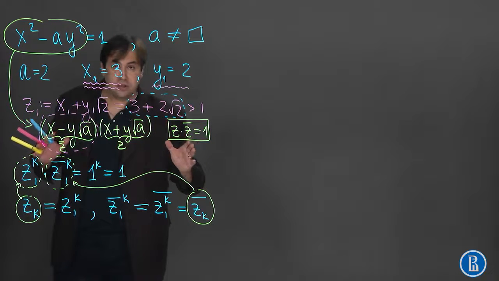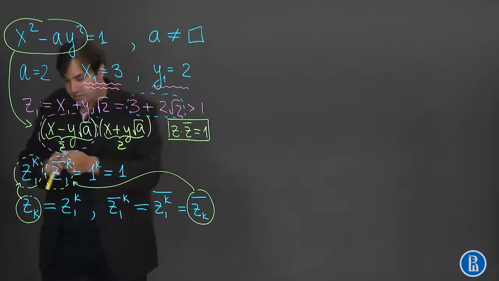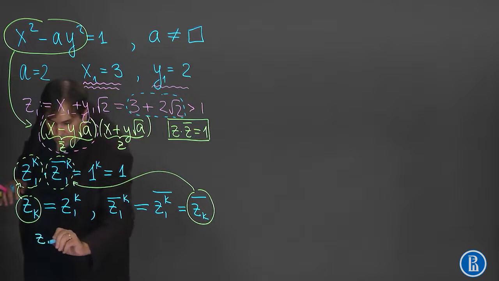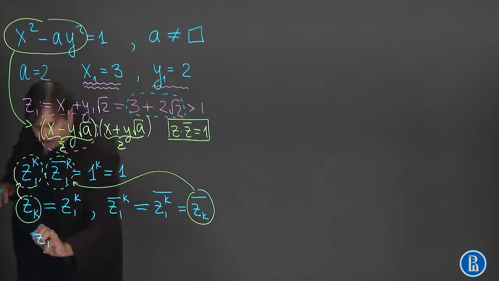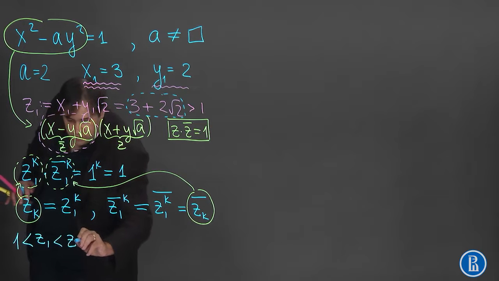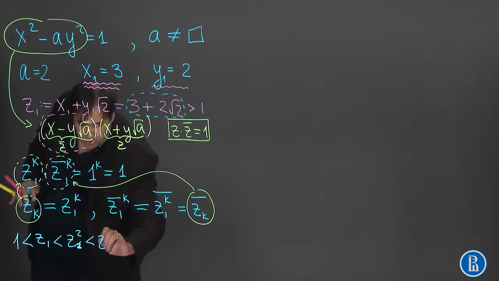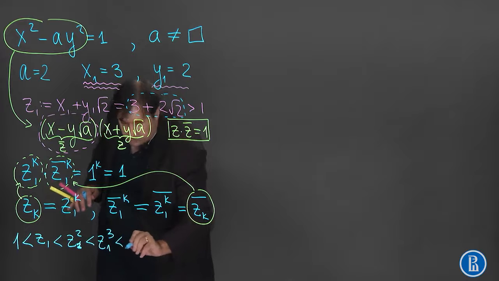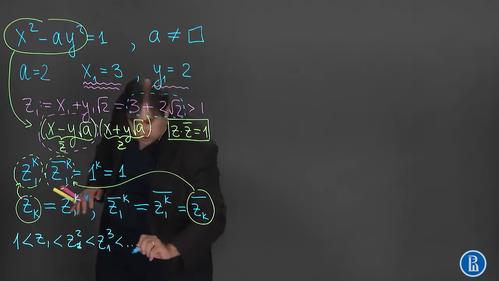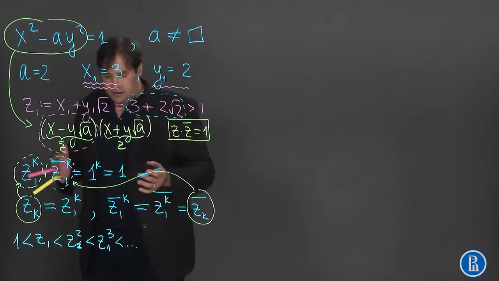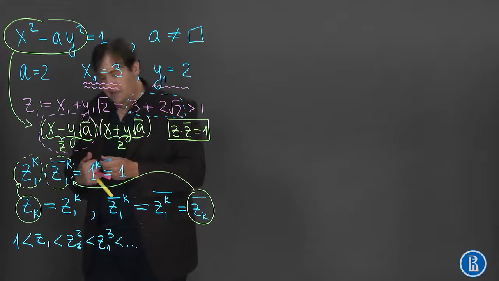And all these solutions form a geometric progression, which I will write down right now. So, z1, which is greater than 1, and then we take it to the power of 2, and then to the power of 3, and then to the power of 4, 5, and so on and so on. It is an infinite sequence. And this way we have infinitely many solutions.